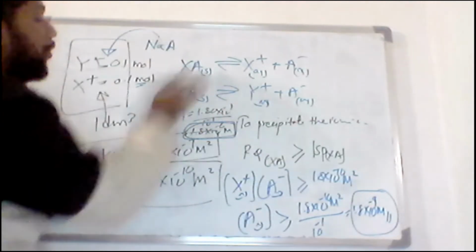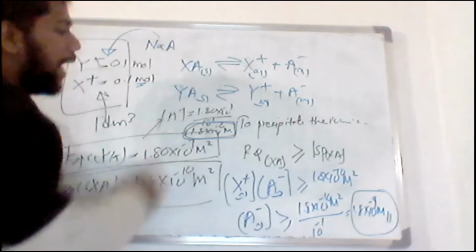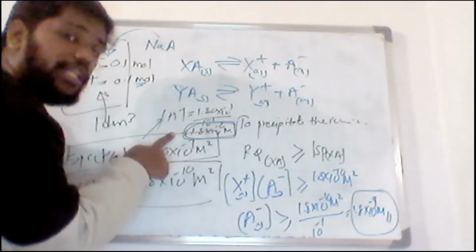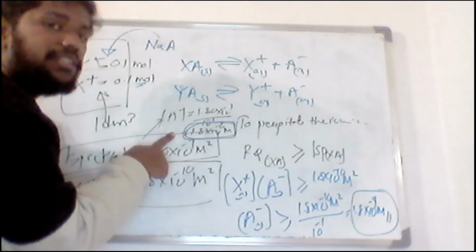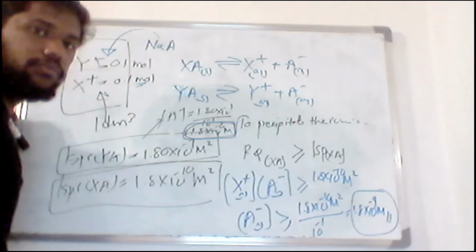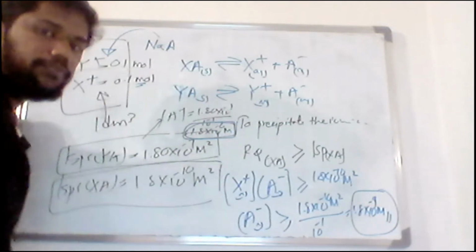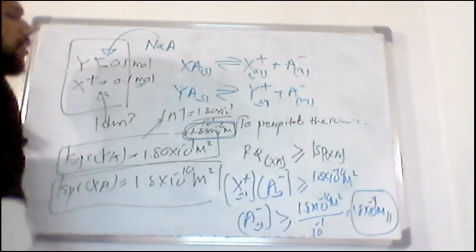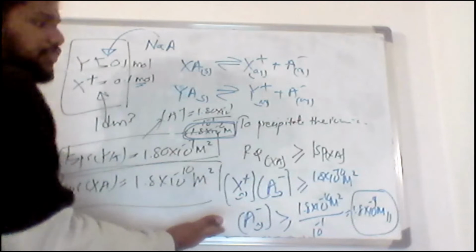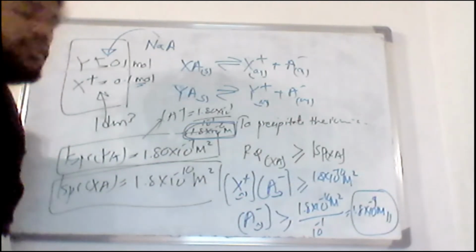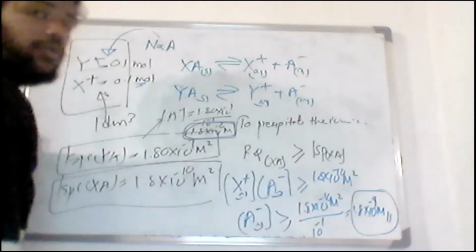Then when you add further, at the point where the concentration of A minus is 1.8 into 10 to the power minus 6, YA is also starting to precipitate. Okay, so that's the idea. So you can tell this story here. According to the KSP values, you can explain. This is one method that you can explain.